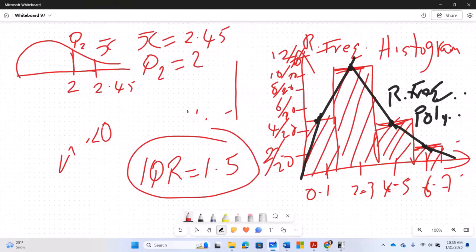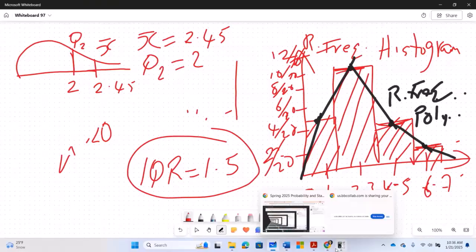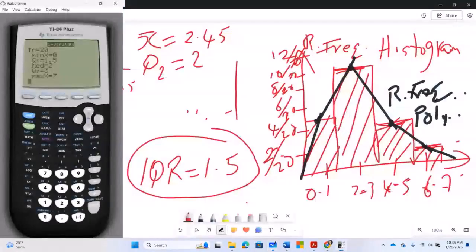I could be told to draw a histogram. If I'm told to draw a histogram of this data in my calculator, let me go ahead and draw one. I already have a lot of information about this data. Remember, the graphs of any statistical graph are in stat plot.